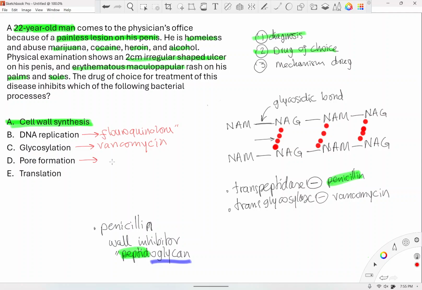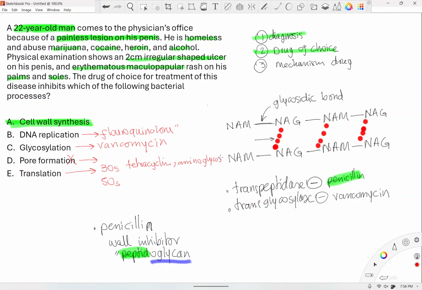Pore formation, I don't know. Maybe you guys can look this up, but that's not the answer because penicillin doesn't do that. Translation is protein synthesis. Bacteria have 2 types of ribosomes, 30S and 50S. 30S inhibition is done by tetracycline and aminoglycosides.